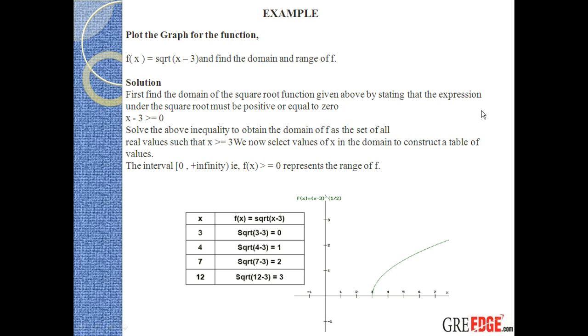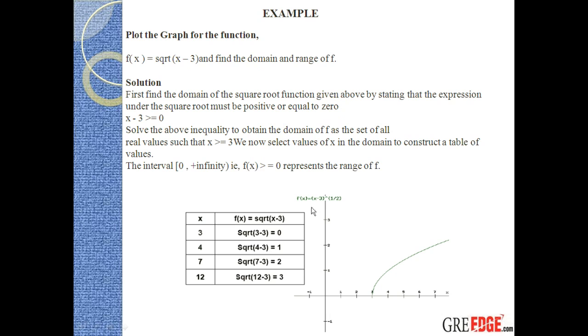Chetan, I think there is a difference in the previous problem and this. f of x was square root of x there. Here it is f of x is square root of x minus 3. No, Ankita.